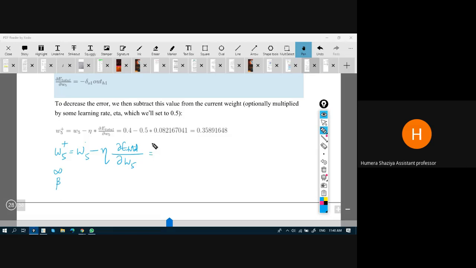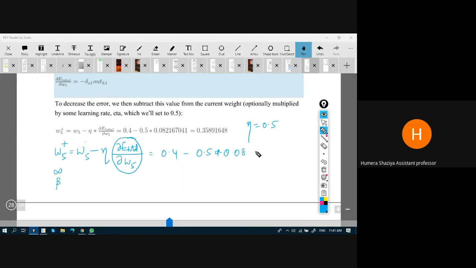So this will be equal to 0.4 minus, the weight value of W5 is 0.4, minus, if we choose eta to be equal to 0.5, then 0.5 times the error.